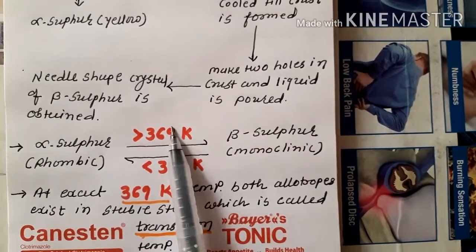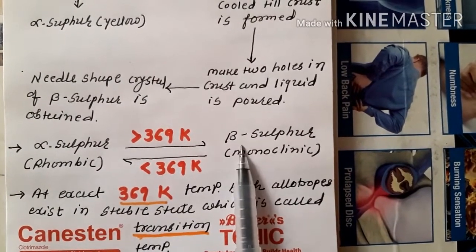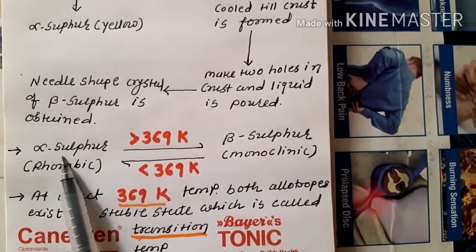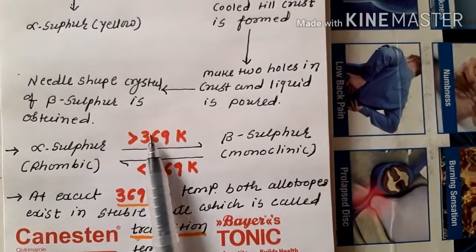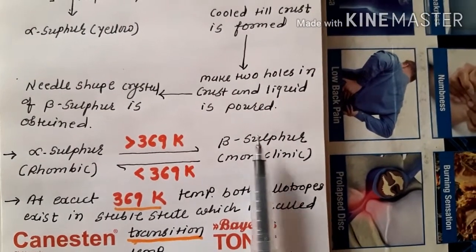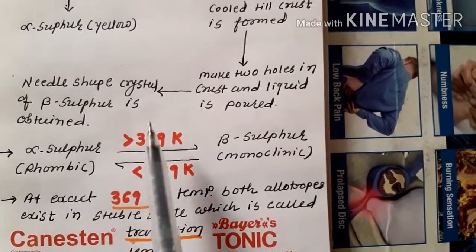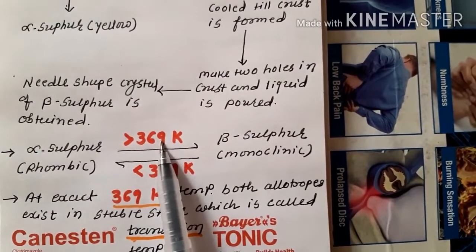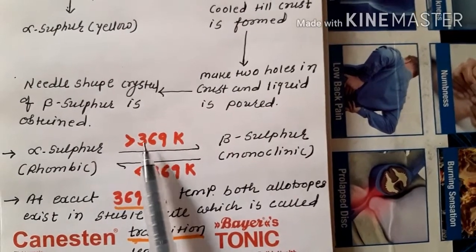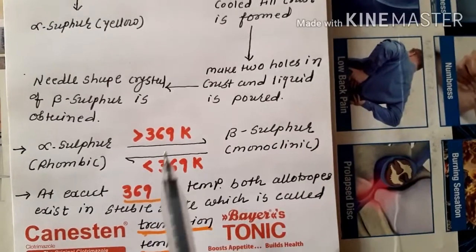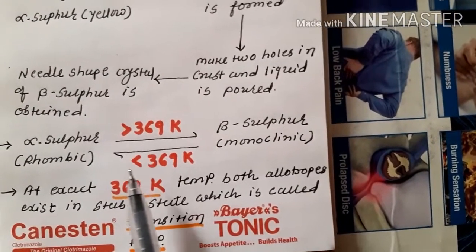If you are asked at this temperature which sulfur is stable: below this temperature alpha sulfur, above this temperature beta sulfur is stable. Convert all these temperatures into degree Celsius also: subtract 273 from this and you will get degree Celsius. So here is greater than, here is less than.